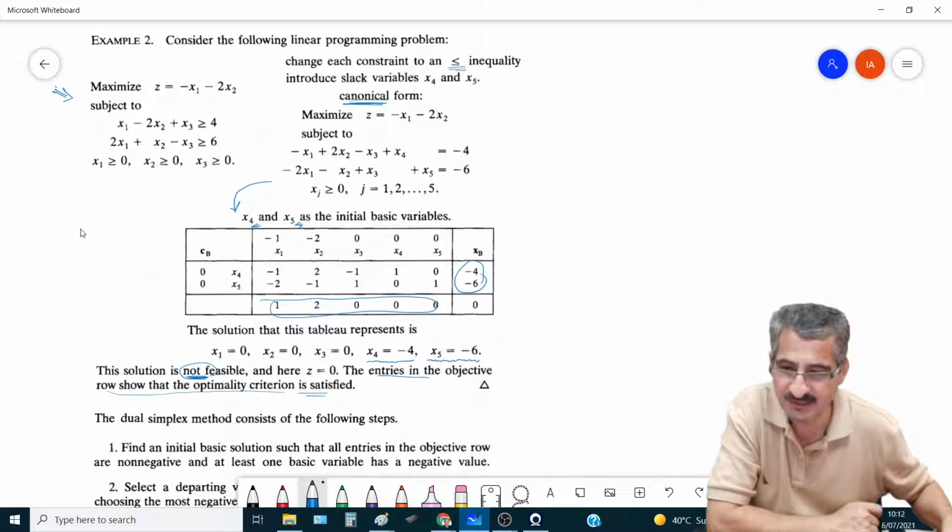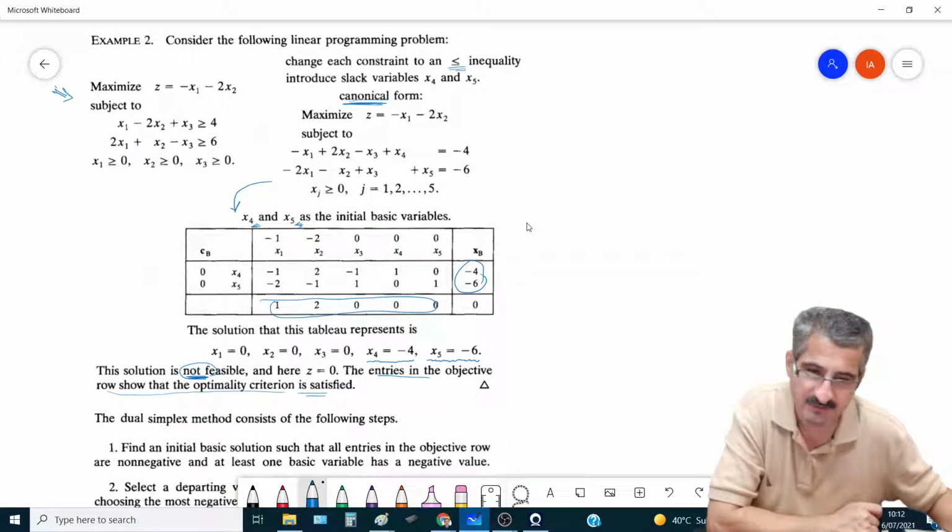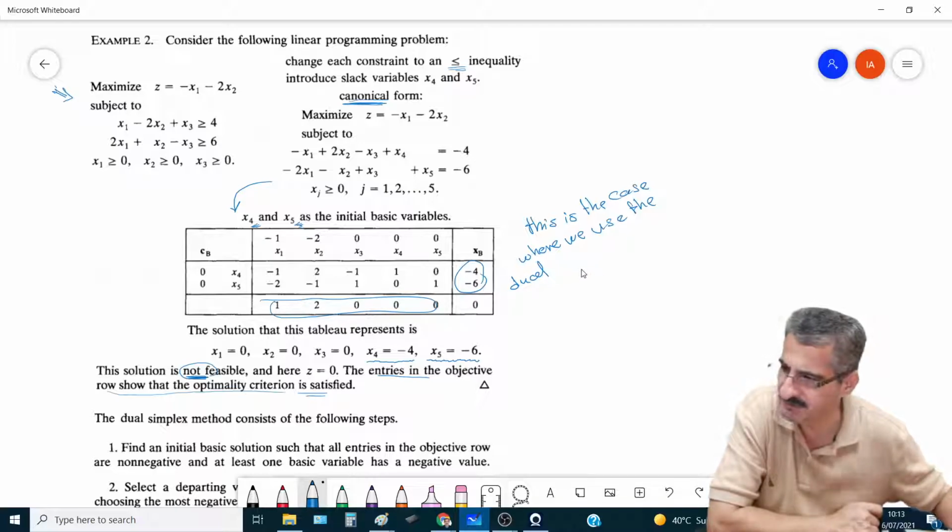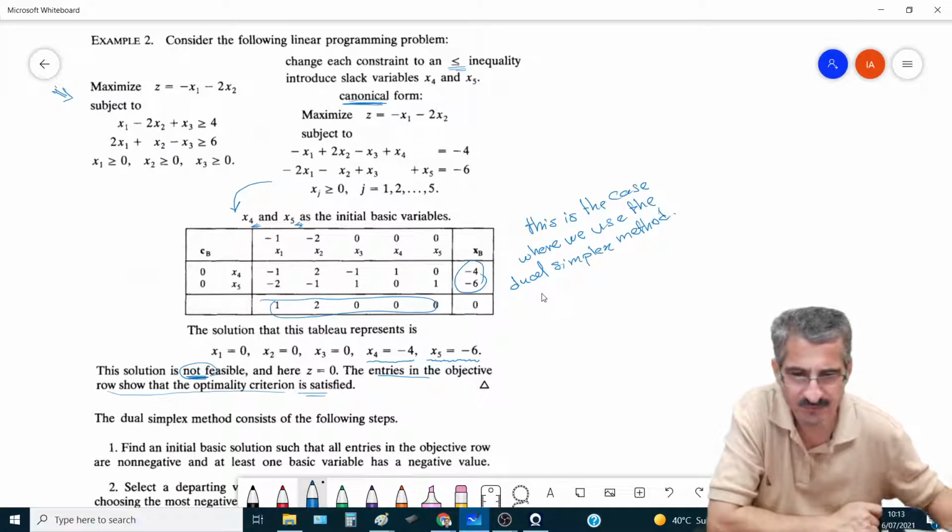So this is the case where we use the dual simplex method.